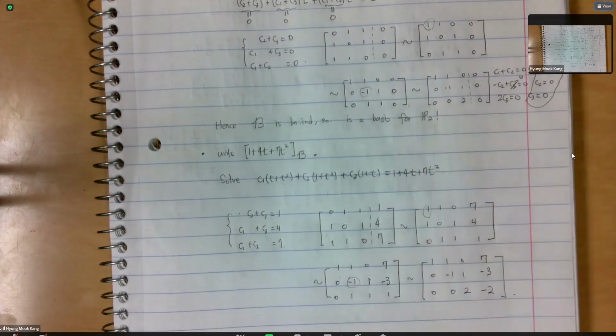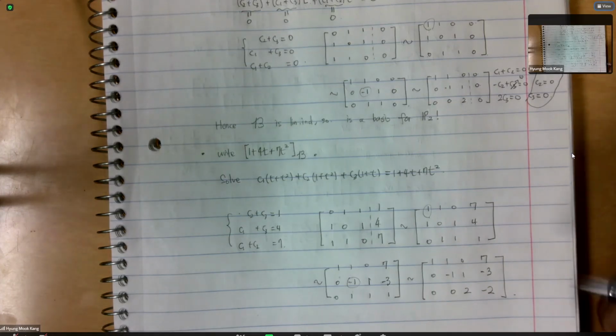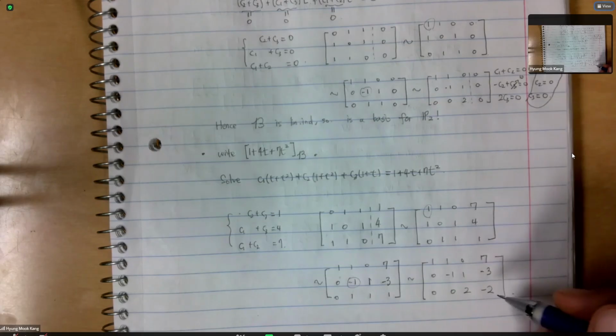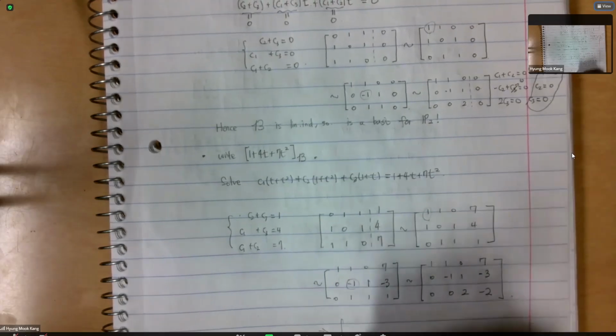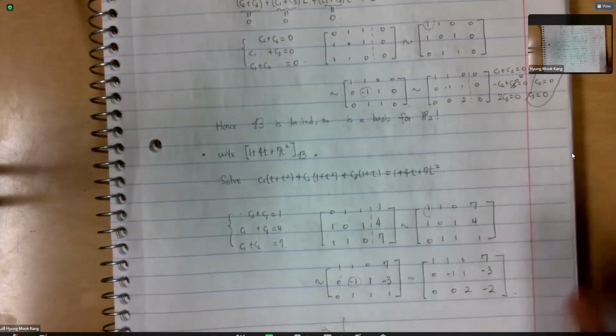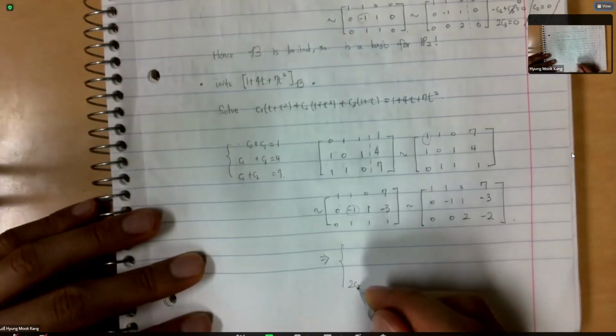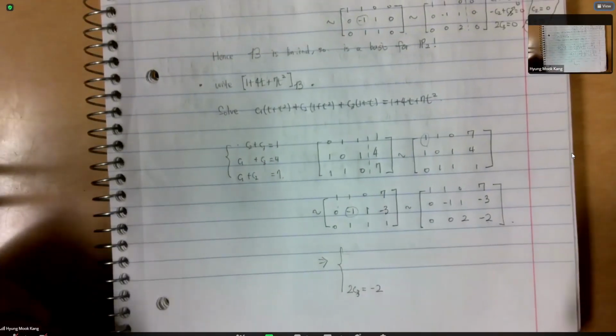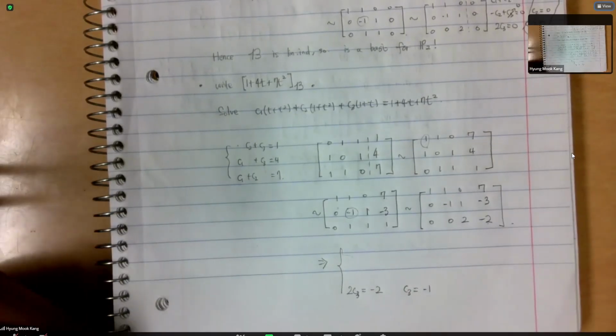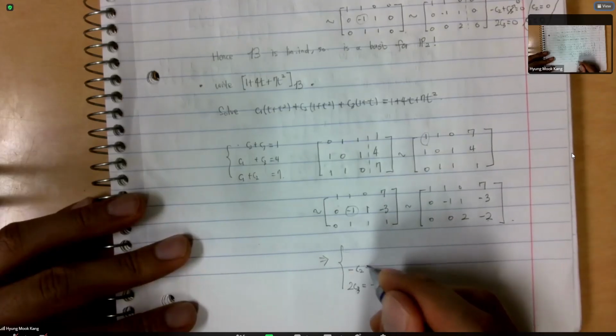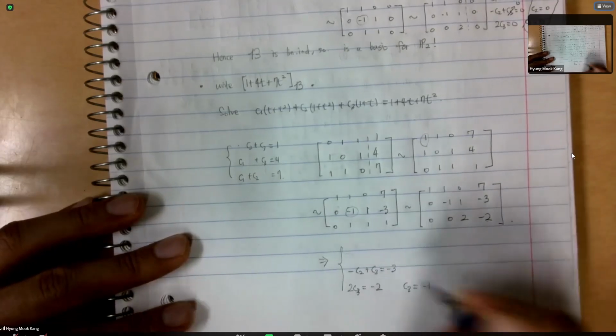So we can go further to make it into reduced row echelon form, but you can go ahead with row echelon form as well and get the answer. So here we got 2 C3 equals -2. Divide by 2, you get C3 equals -1. And here we got negative C2 plus C3 equals -3.